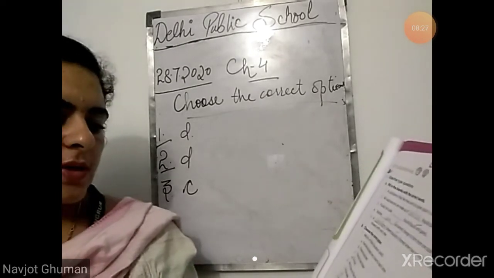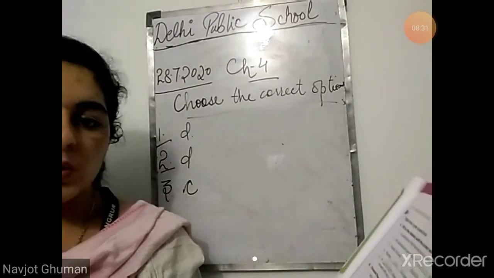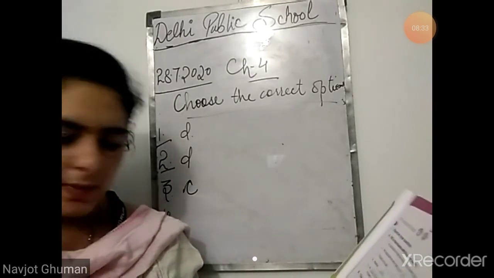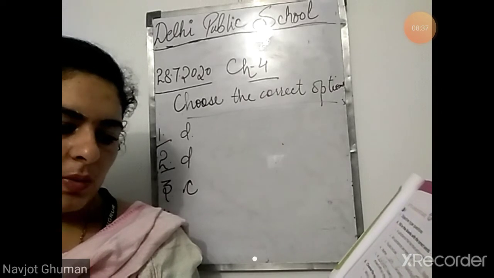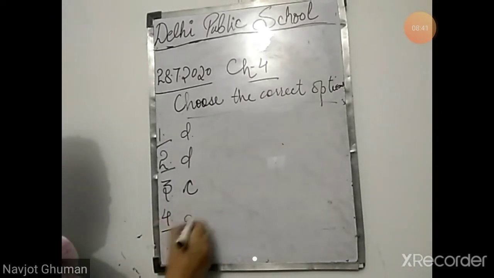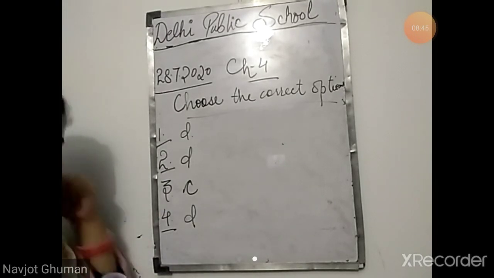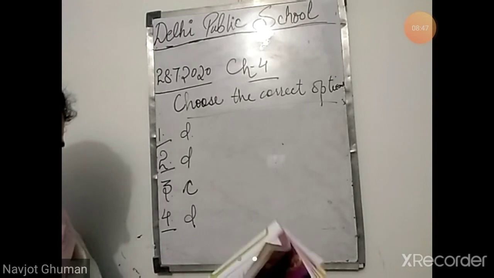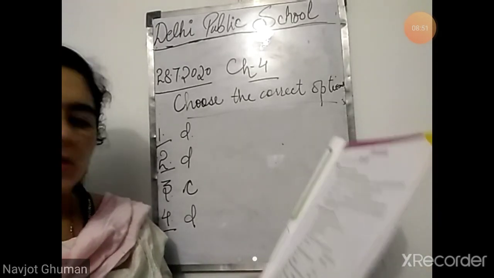Which of these processes changes water to ice? Boiling, no. Boiling changes water to water vapor. Evaporation, no. Condensation, no. D is solidification, that is correct. That is also called as freezing when you keep water in the freezer. Next, which of these is the solute in a sugar solution?